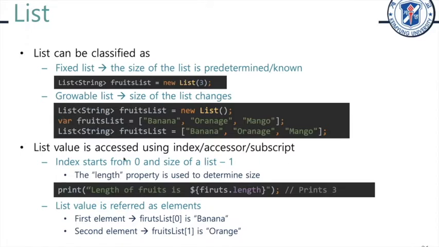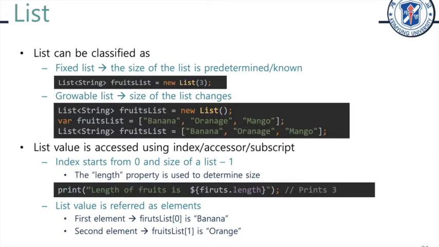So to access the value, you have to use these brackets. If you want to access banana, then you have to say fruits list 0. So you have to use the index. And to know the length of a list, you may be asking, why do I have to know the length of a list, right?